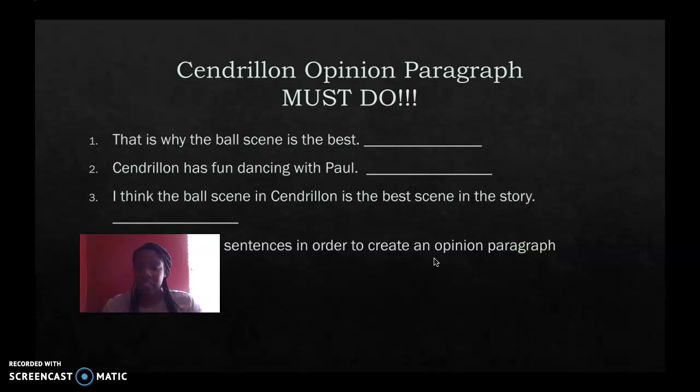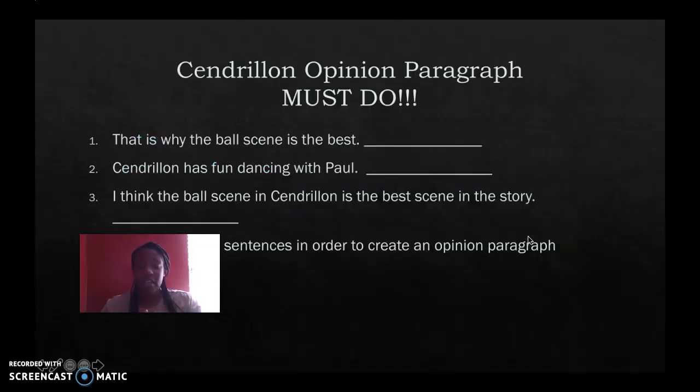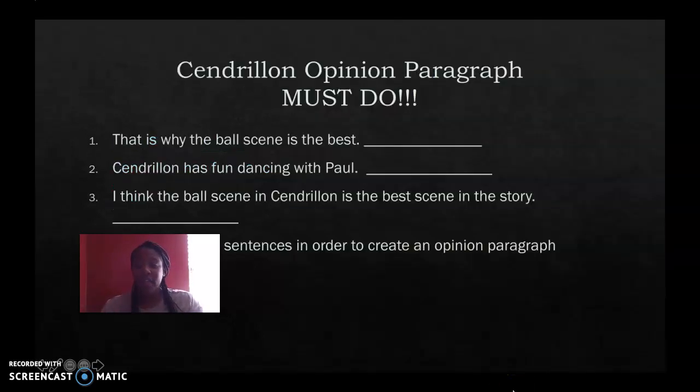Okay, which one of these is a feeling? Okay, then you want to go back and you want to tell your readers why you feel this way. So which one of these supports why something happens or why the writer feels that something is best? And then which sentence restates the opinion? This is why, okay, I think, okay, that would be your last sentence.